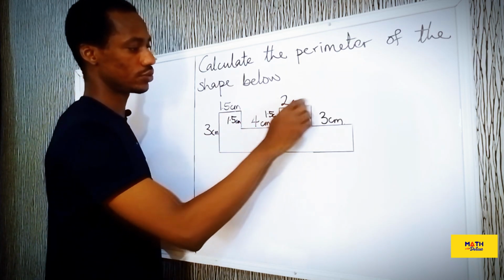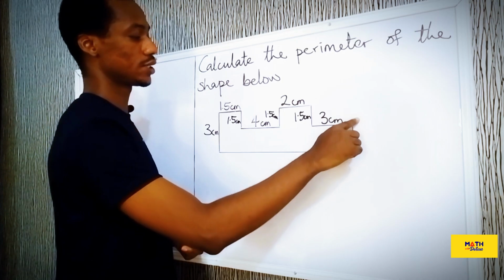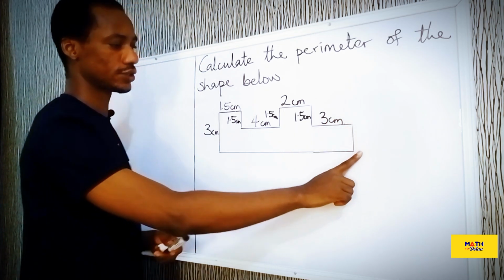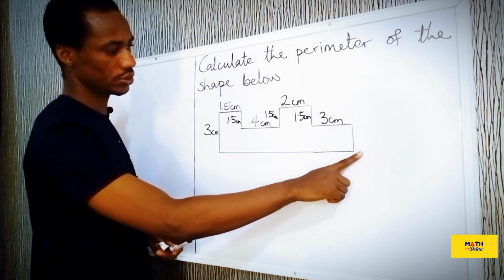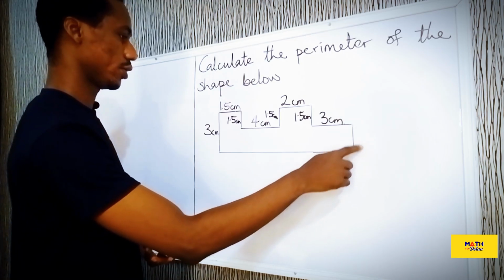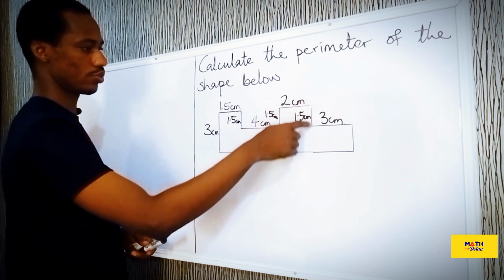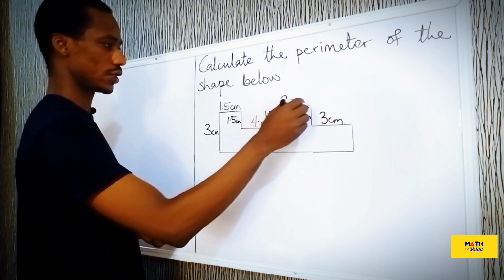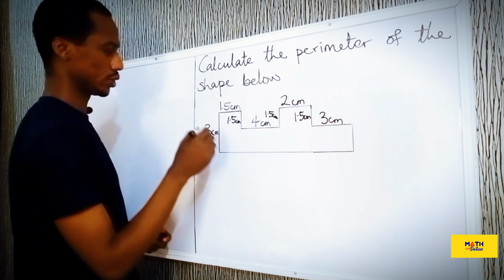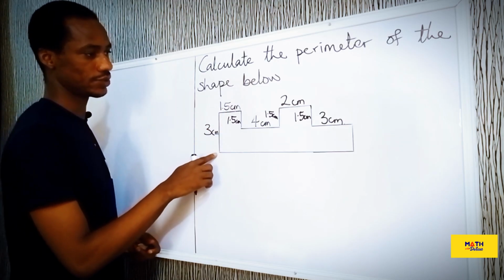Now we'll continue. We have 2 centimeters, 1.5 centimeters, 3 centimeters, but we don't know this. So what's this length? We have this length to be 1.5, but we don't know this, but we know the total length from this point to this point to be 3 centimeters.